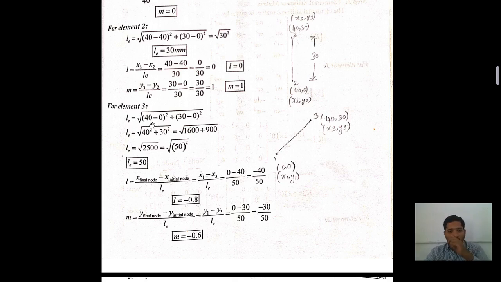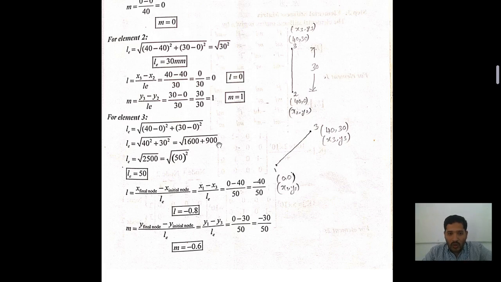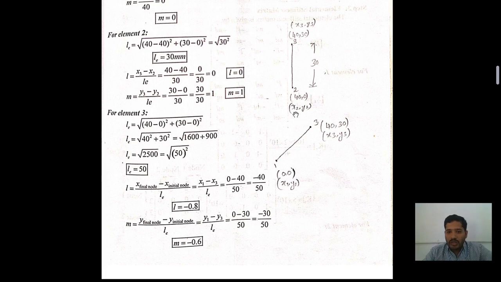Again we need to follow the same concept here. LE is equal to root of x3 minus x1 whole square plus y3 minus y1 whole square. What is the formula here? x3 minus x1 whole square plus y3 minus y1 whole square. Here x3 is 40, clear?